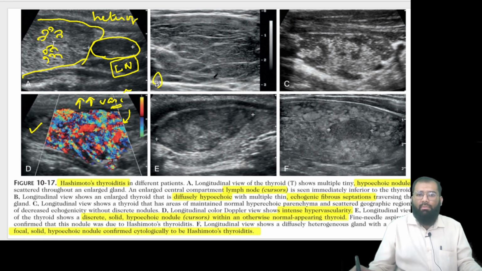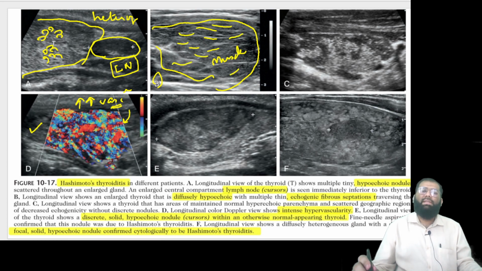So here you are able to see the thyroid gland which is enlarged, but how is it looking? This is looking just like a muscle. So fibrous tissue has entirely replaced the thyroid gland.